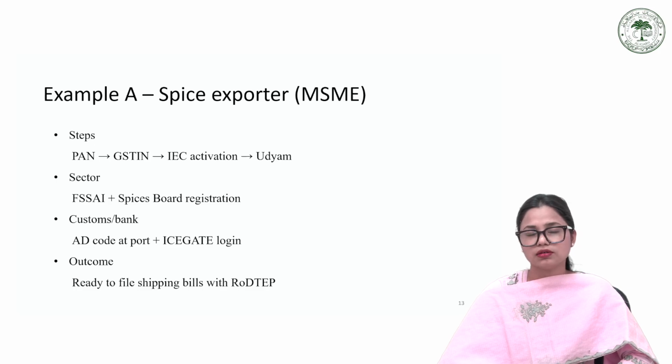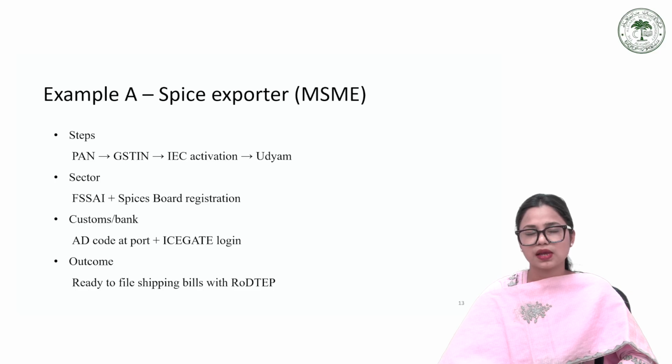Students, let us now discuss some quick examples pertaining to various kinds of sectors. Here is an MSME specializing in the export of spices. What would be the steps that the MSME would go through in order to fulfill an export order? As we all know, the fundamental first step would be getting a PAN number, a GSTIN number, and activating the IEC code through DGFT.